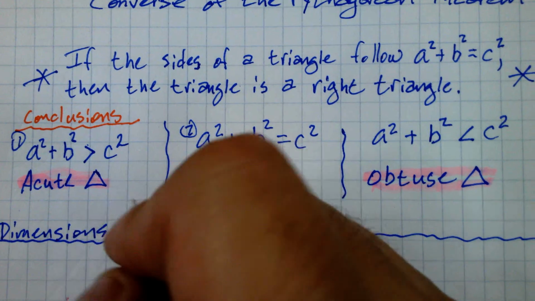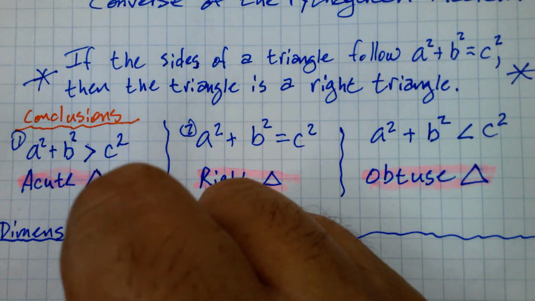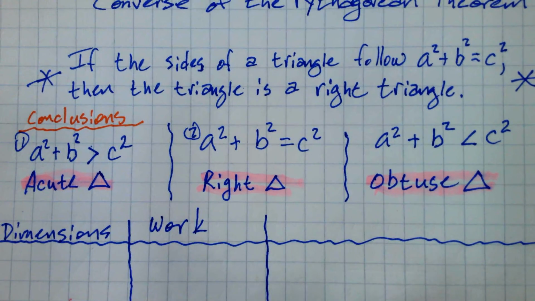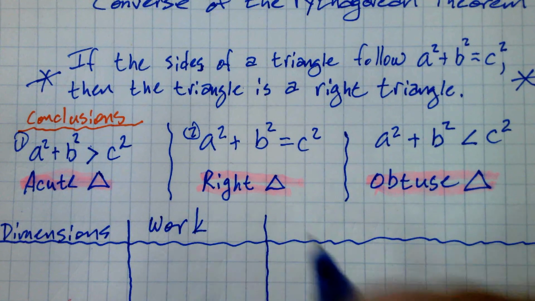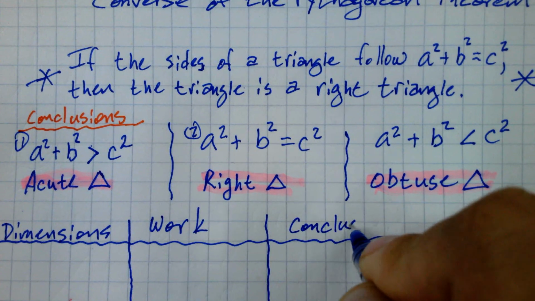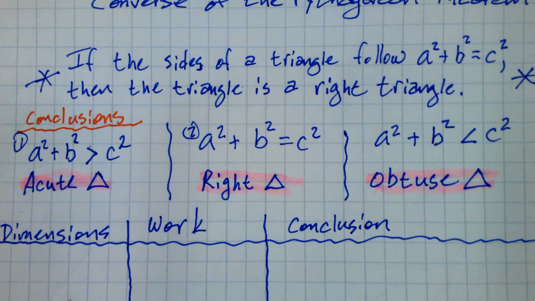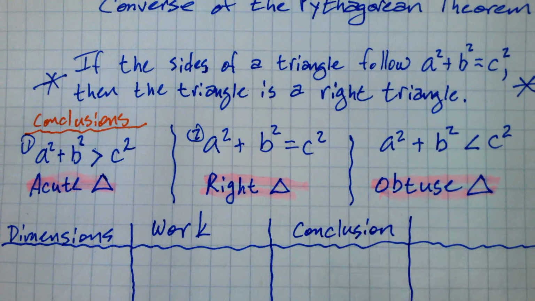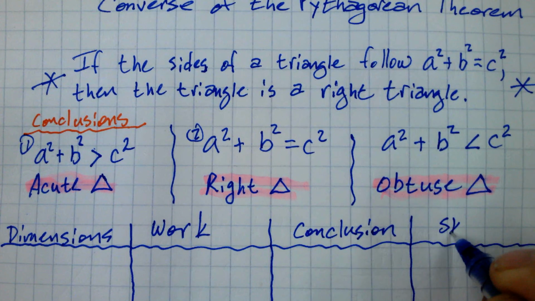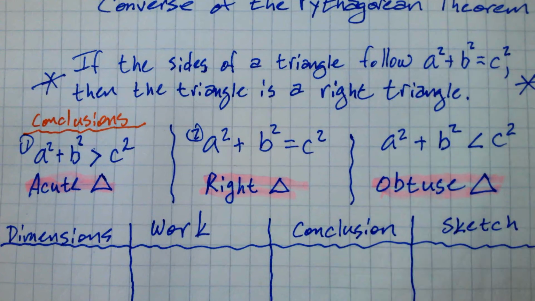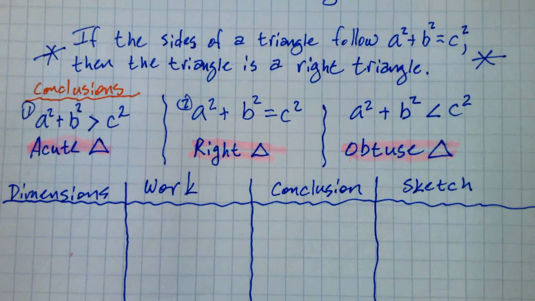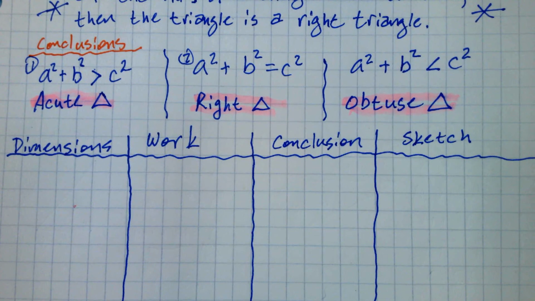And then we're going to do a little bit of work. We'll come up with a conclusion. And finally, we'll draw a sketch of what that triangle should look like. Okay. There we go. So go ahead and write that down.